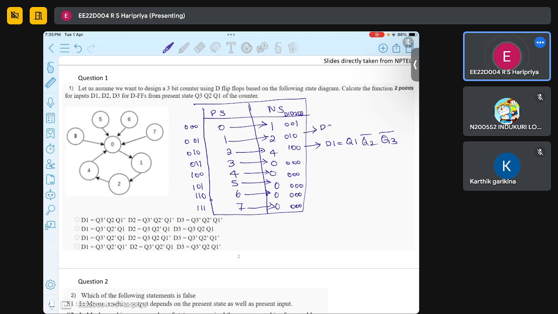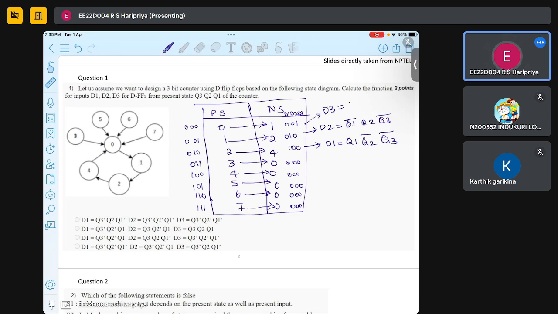And this is D2 equivalent to Q1 complement, Q3 complement. D3 will be from this.